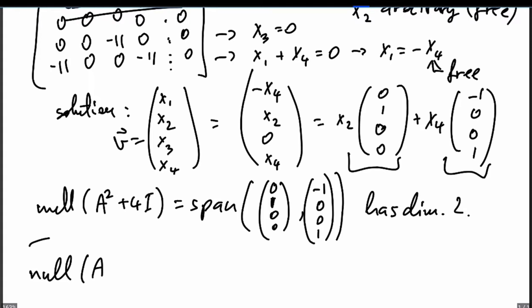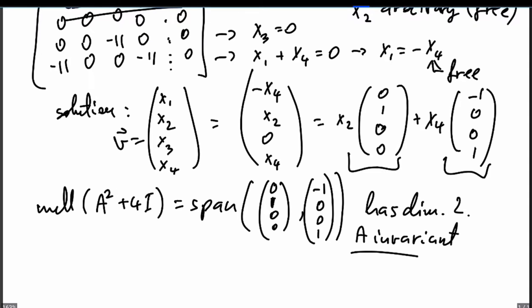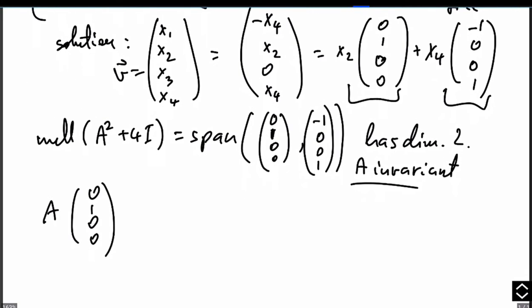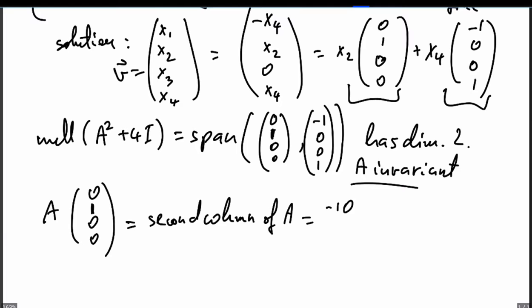Also I should mention here that this is A invariant. It's nice to check that this subspace is A invariant. It's enough to check what happens to the basis vectors. So by this 1 in the second component, we pick up the second column of A, which is minus 10, minus 16, 0, and 10.